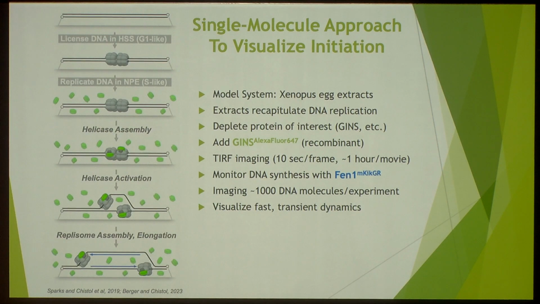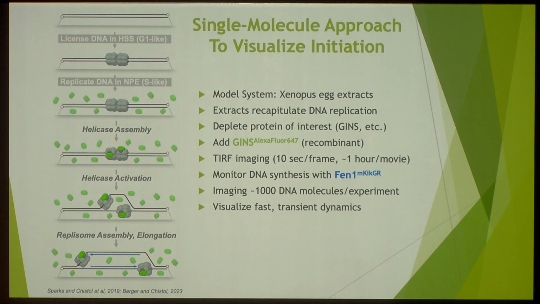The key idea is that we can deplete any protein of interest, for example GINS, and then add back a fluorescently labeled version of the protein, which floats around in the extract. Then we can use single molecule microscopy to track the recruitment of this fluorescent protein, its incorporation into CMG, and then the bidirectional movement of helicases that contain this protein.